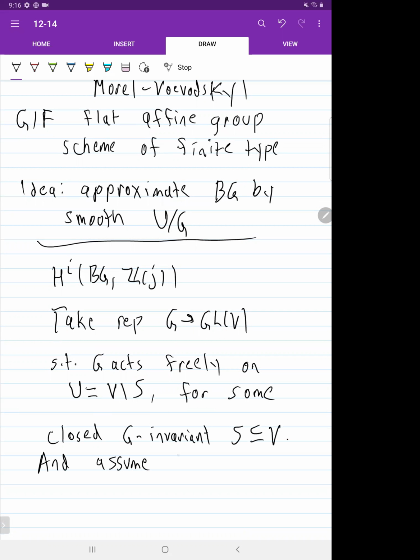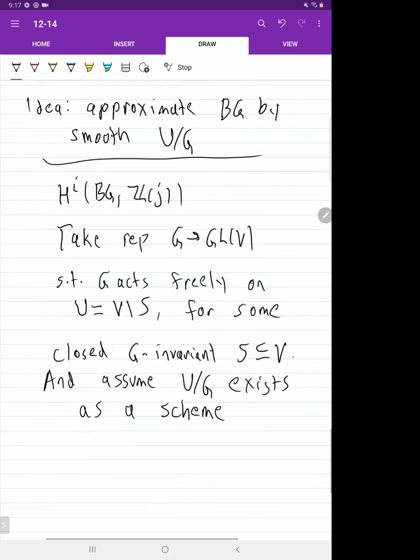So we assume U/G exists as a scheme, maybe quasi-projective as well. Oh yeah, I forgot to tell you, assume that the codimension of S in V is greater than j.